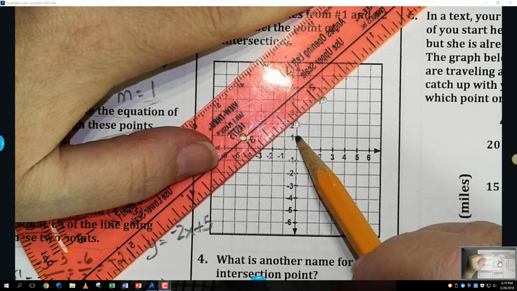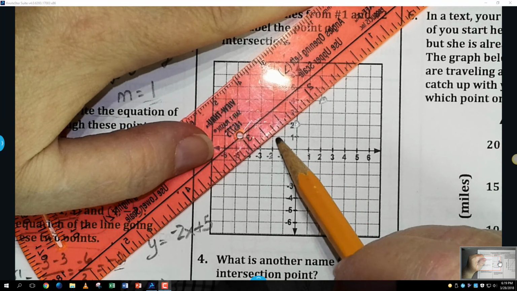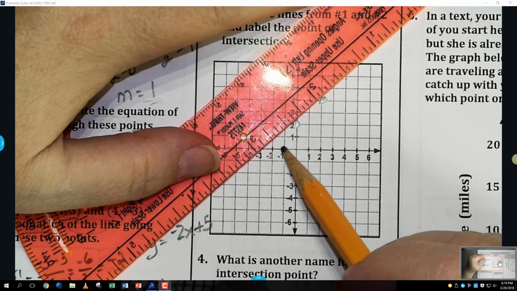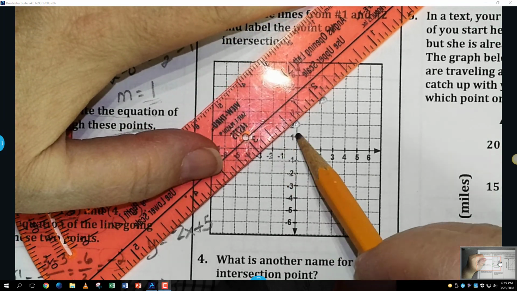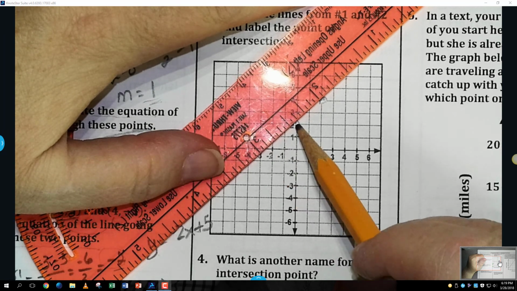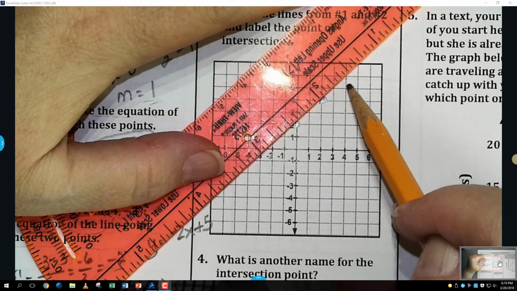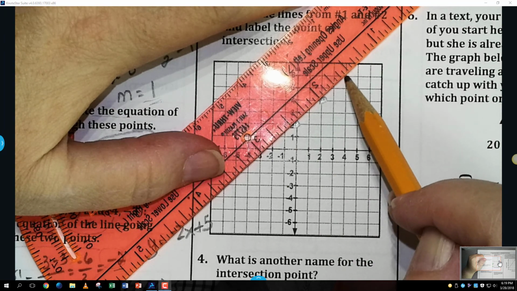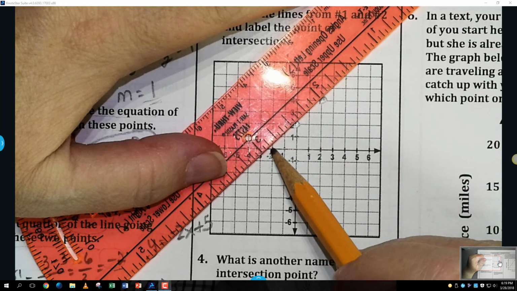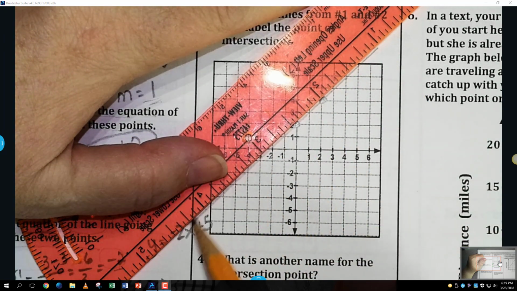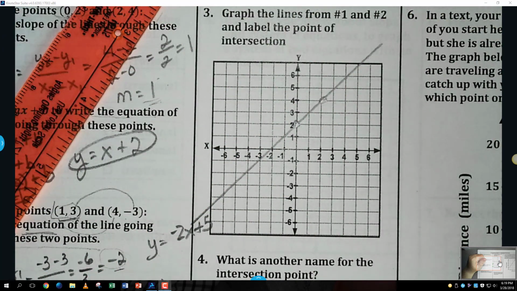Or 2 to the left and down 2. So I'm just making sure that, without plotting a whole bunch of points, the line I draw is accurate. That's pretty good.